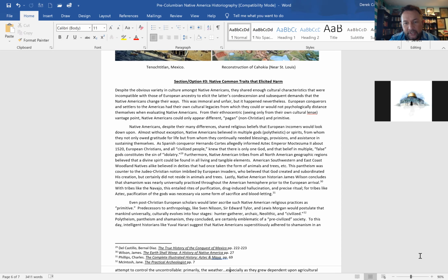So God is in all things, pantheism, as opposed to a sovereign God who created creation and he's separate from it, like in the Bible.